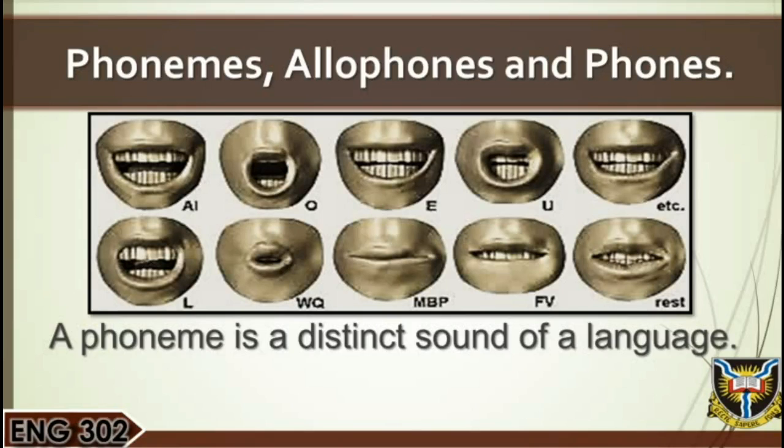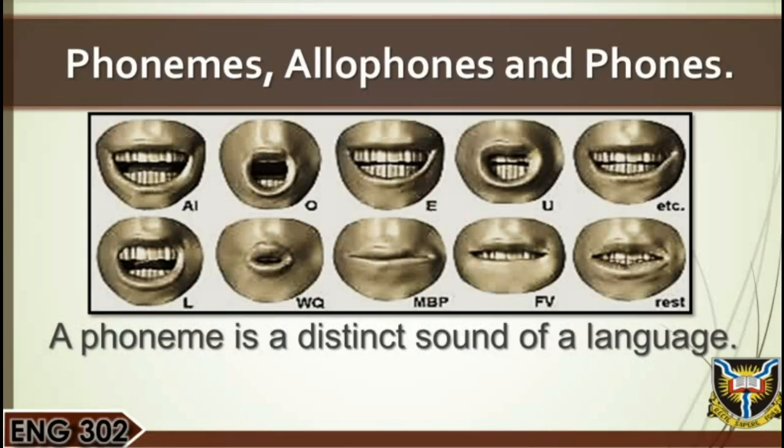Phonemes can be put into groups. In the English language, under the group plosives are the phonemes P, B, T, D, K, G.